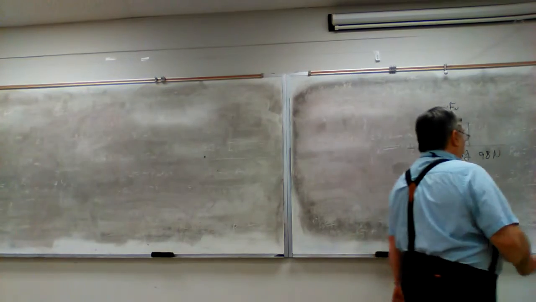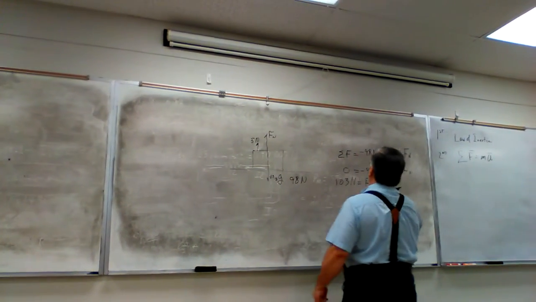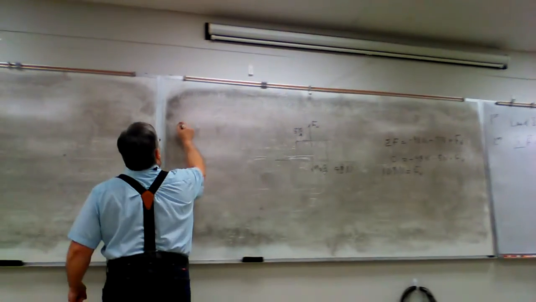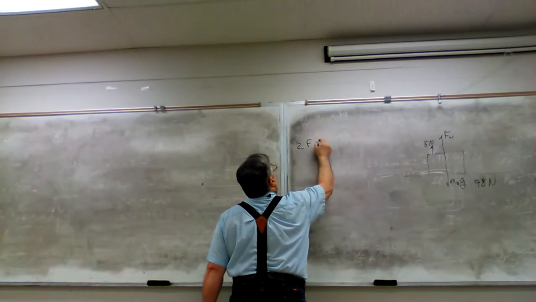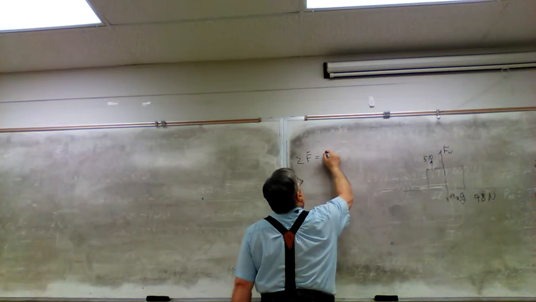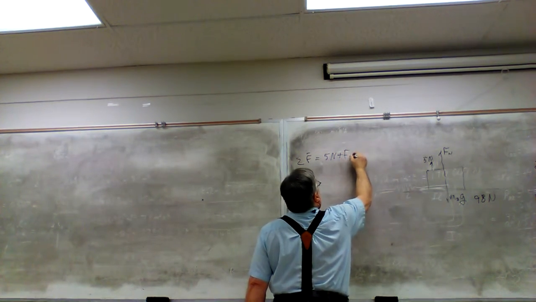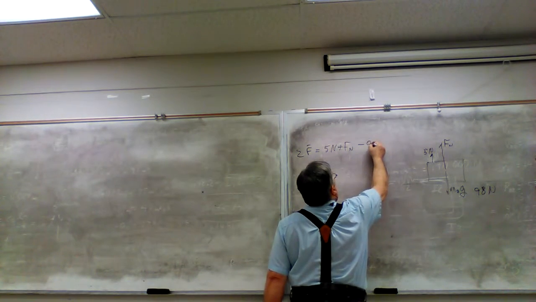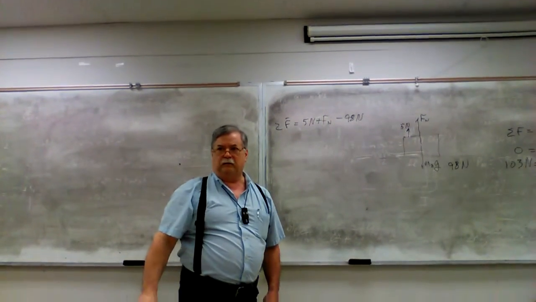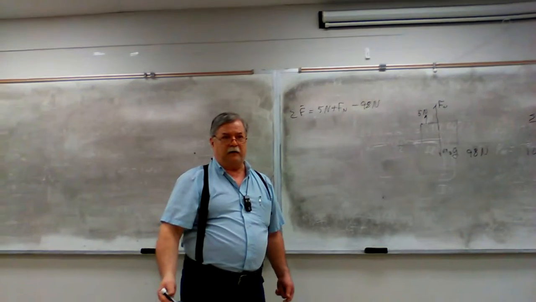What's going to happen is the sum of the forces is still going to be the net force. So we now have plus 5 newtons plus the normal force minus 98 newtons of the force due to gravity. And does the box move or not?